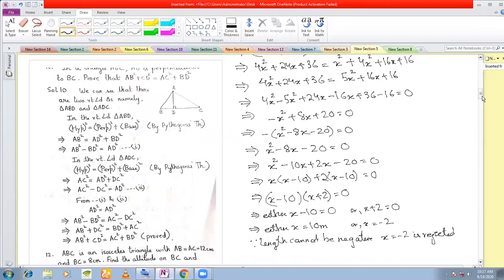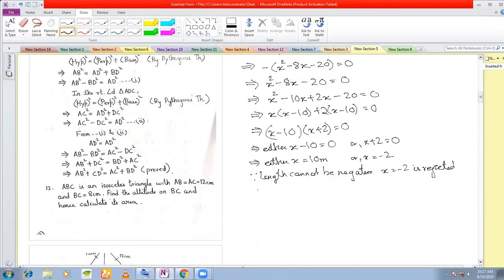Therefore x is equal to 10 meters. The shortest side AB is equal to x, which is 10 meters.